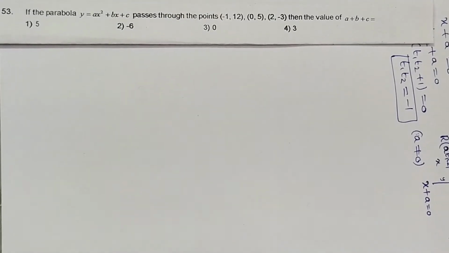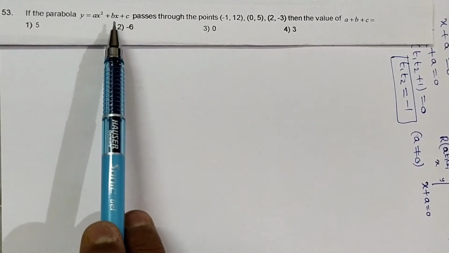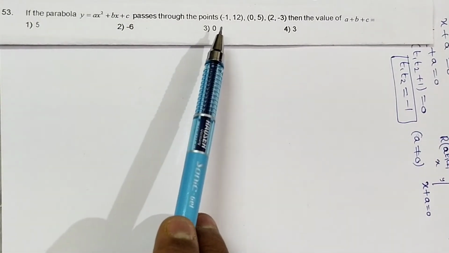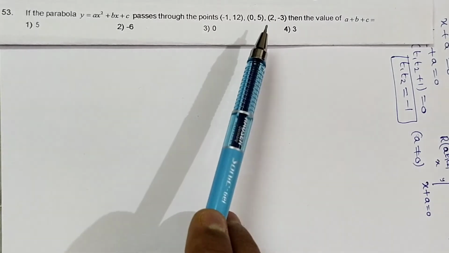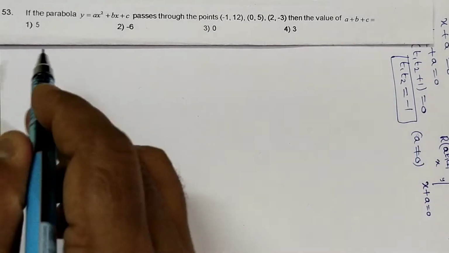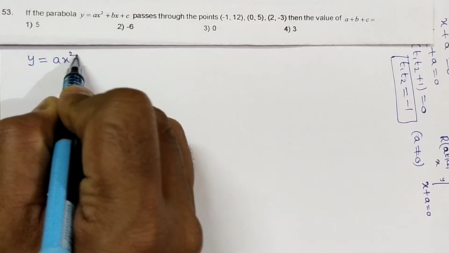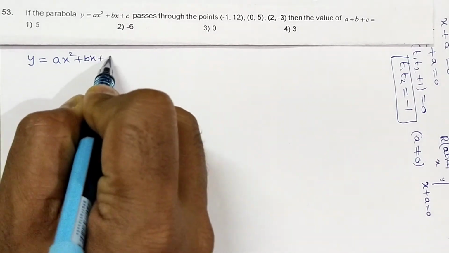The next question. If the parabola y equal to ax square plus bx plus c passes through the points (minus 1, 12), (0, 5), (2, minus 3), then find the value of a plus b plus c. The required equation of the parabola is y equal to ax square plus bx plus c.